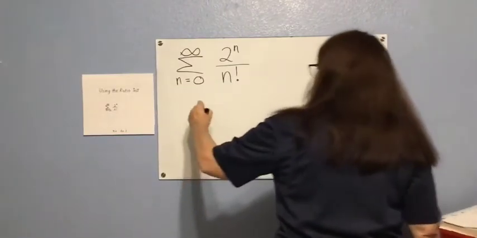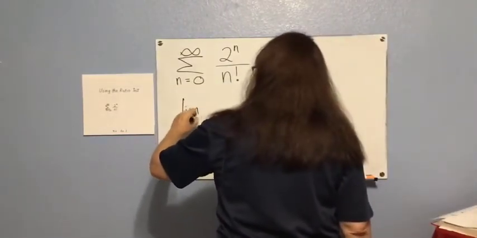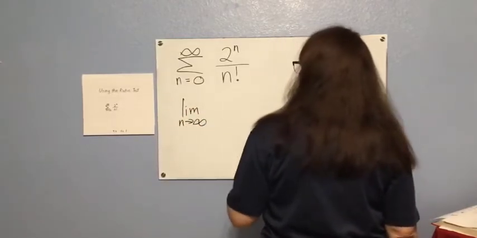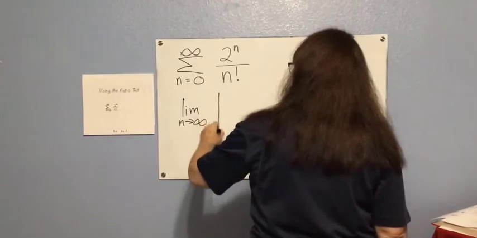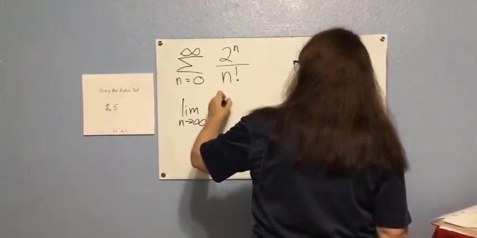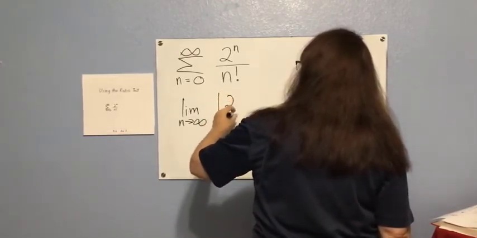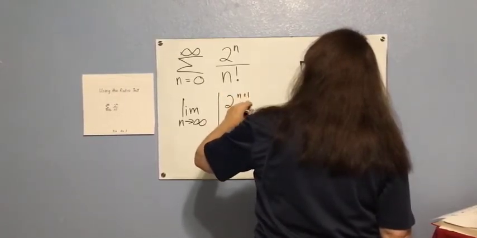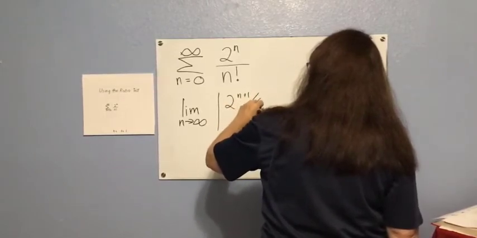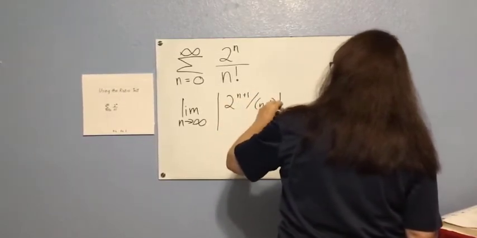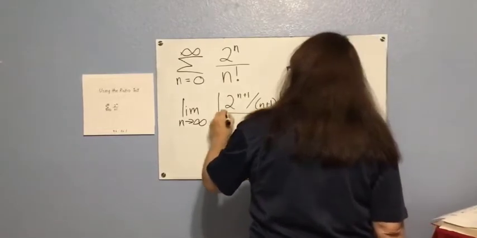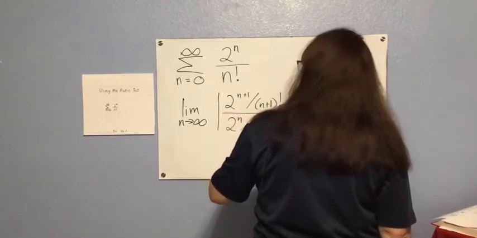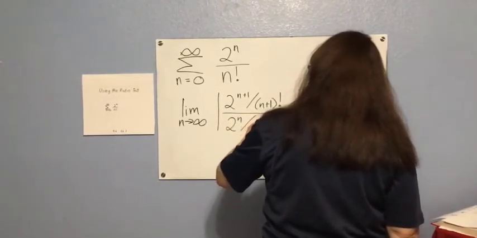So we're going to take the limit as n goes to infinity, and now we're going to make a ratio here and take its absolute value. So I've got 2 to the n plus 1 over n plus 1 factorial, all of that over 2 to the n over n factorial.